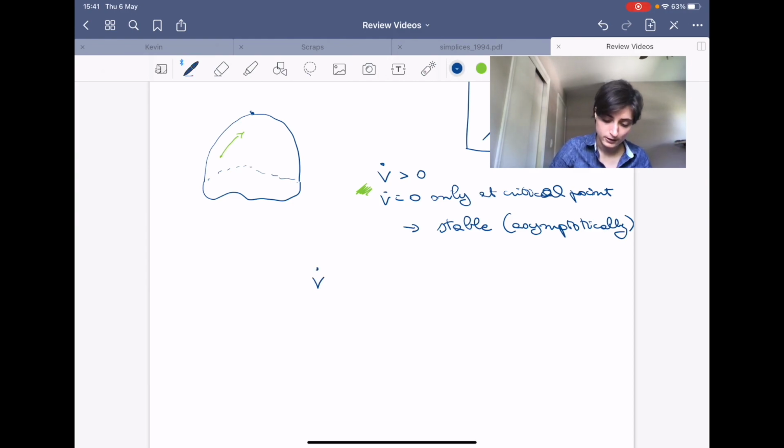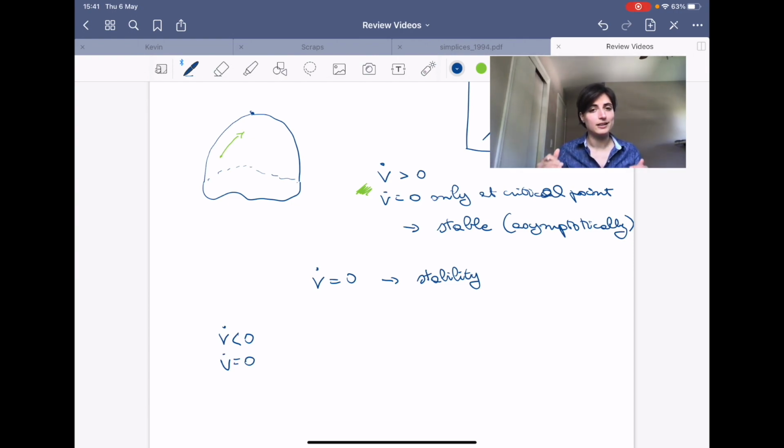If v dot is equal to 0, we have the same situation as before. We have stability and potential periodic orbits, but not asymptotic stability. And if v dot is negative, and equal to 0 only at the critical point. Notice that it has to be 0 at the critical point because we have f and g multiplying the two terms of v dot.